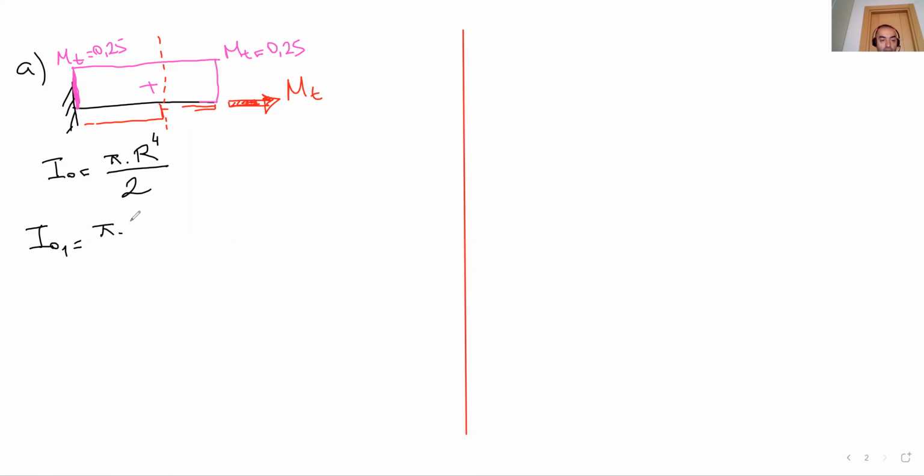Pi times radius to the power 4 over 2 equals, let me see the result. Yes, this is I01 for the solid section.